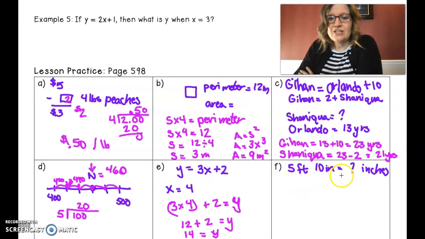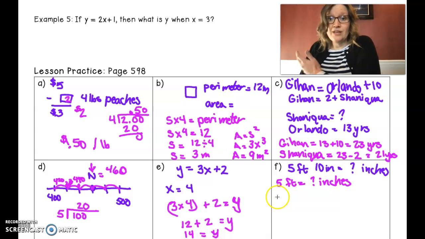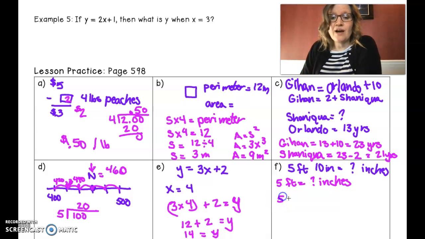5 feet 10 inches equals how many inches? The first thing we need to do is figure out 5 feet equals how many inches? I know that there's 12 inches per foot, so I say 5 times 12.